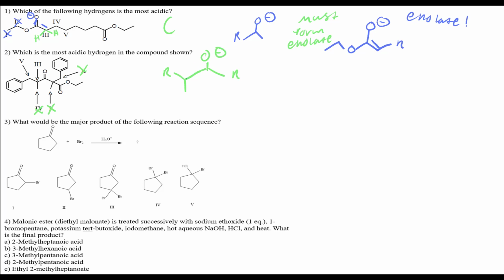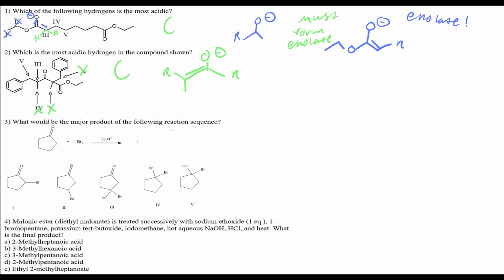And then this hydrogen right here can leave, leaving the electrons, and those electrons can make a double bond. So as you can see, that is an enolate. We have a double bond next to an alkoxide, and this carbon would have 4 bonds, which is proper. If I try to form it right here, this carbon would have 5 bonds, so that's why we didn't do it on the right-hand side. Also, there are no available hydrogens to begin with on the right-hand side. So the answer choice would have to be, again, C.